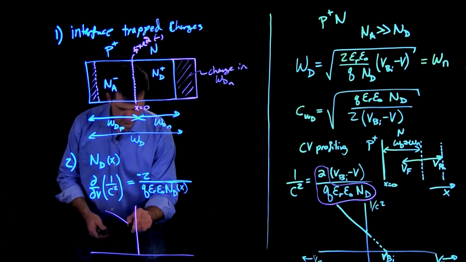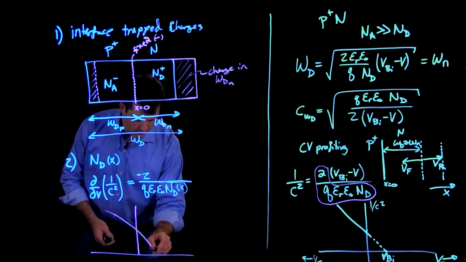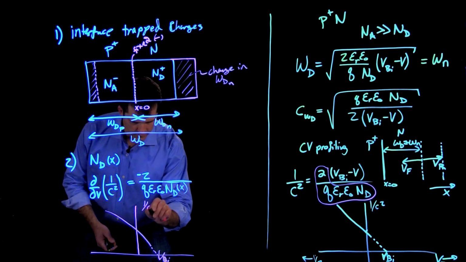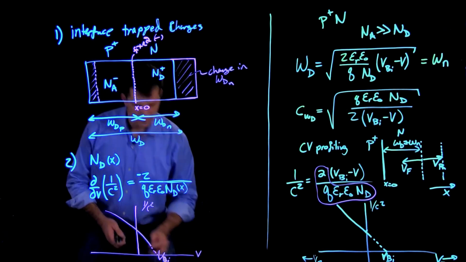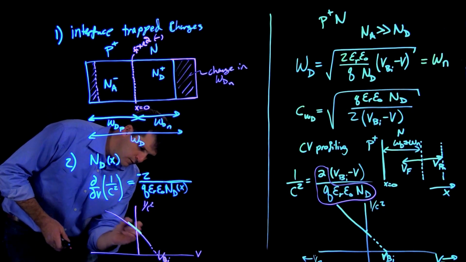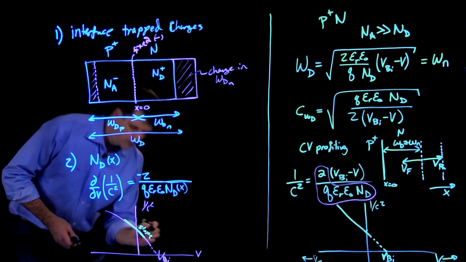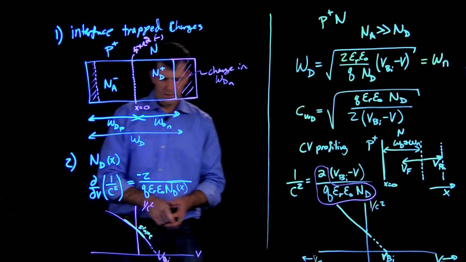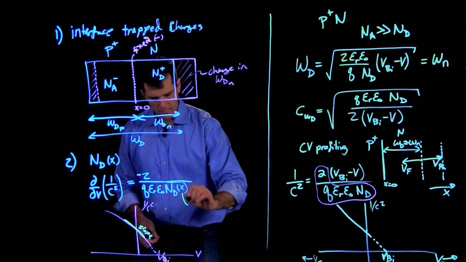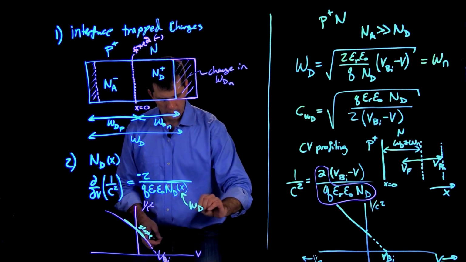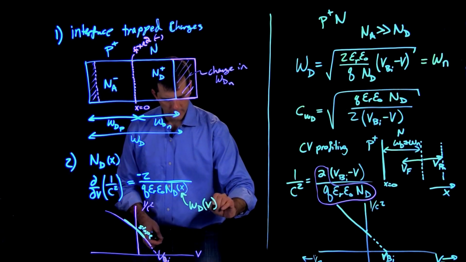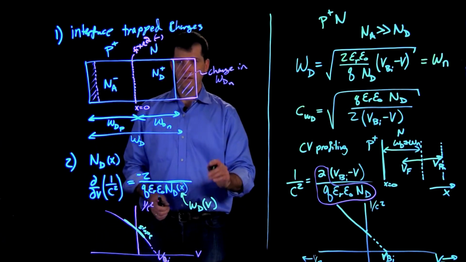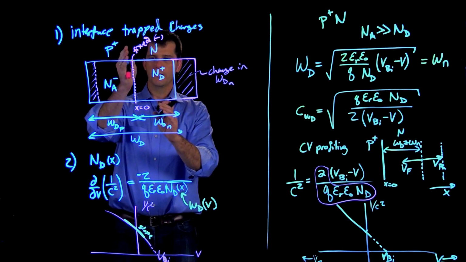So you may see curvature to a plot of 1 over C squared versus voltage. And the local slope gives us the local N_D at the depletion width given by the applied voltage at that point. So let's imagine that we have this P plus N junction.